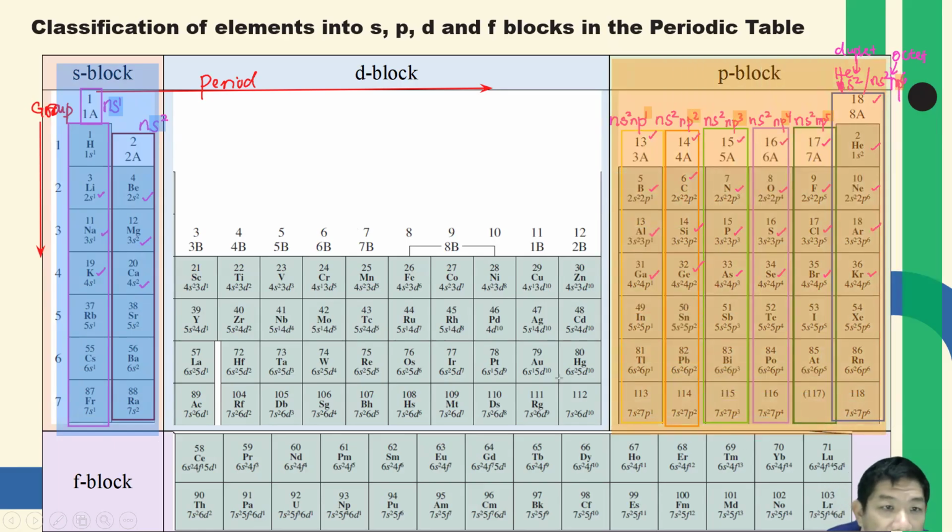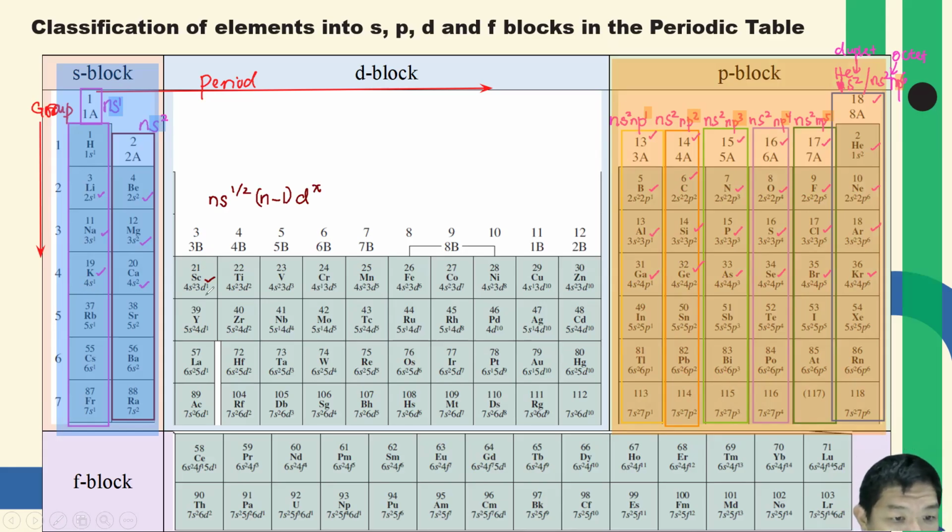Then we have another block, which is made of valence electrons including the partially filled d orbitals. For example, 4s2 3d1. Basically, they have the formula ns1 or 2, (n-1)d.